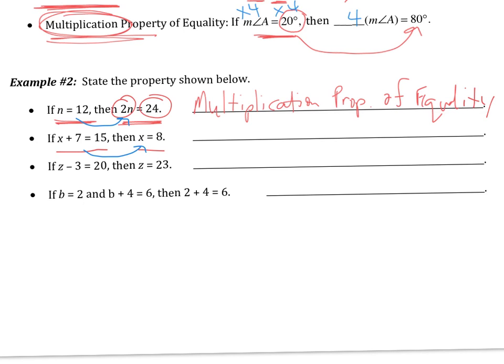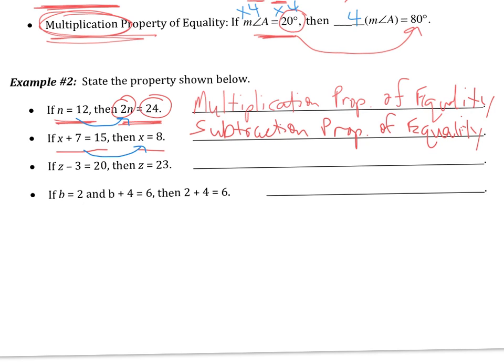Very good. So we subtracted the 7 from the plus 7. That canceled out. We subtracted 7 from 15, and we got 8. So we essentially used the subtraction property of equality.